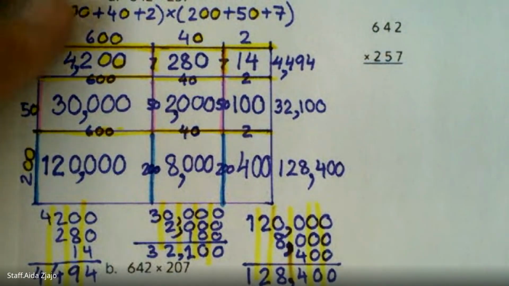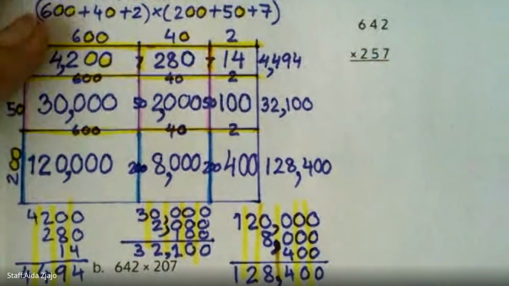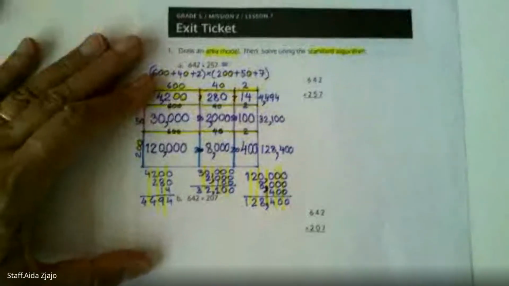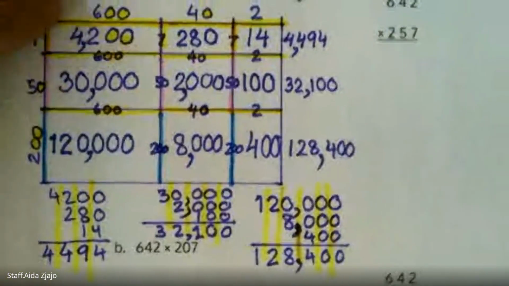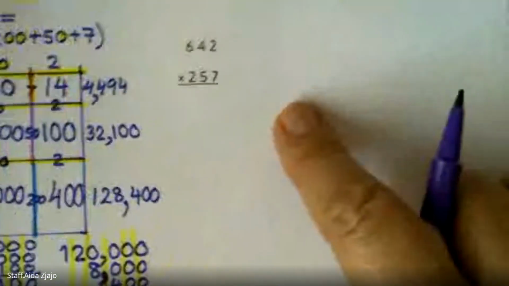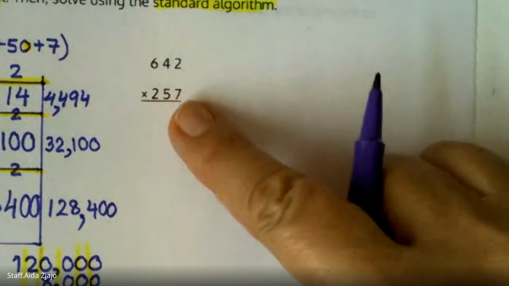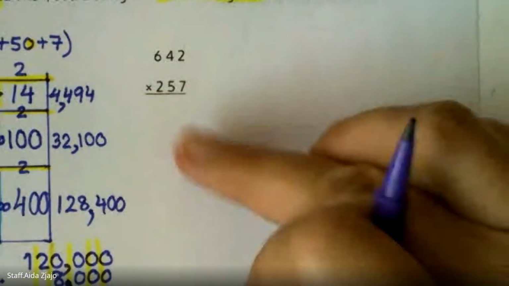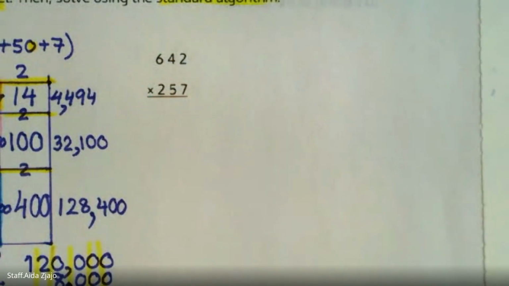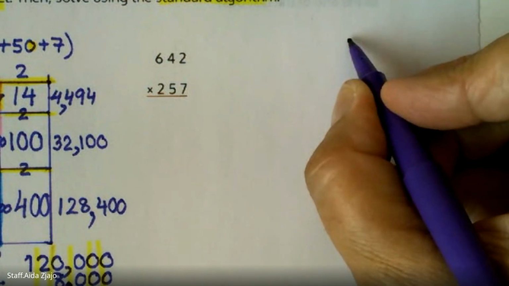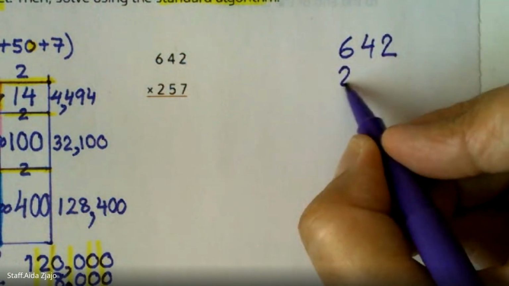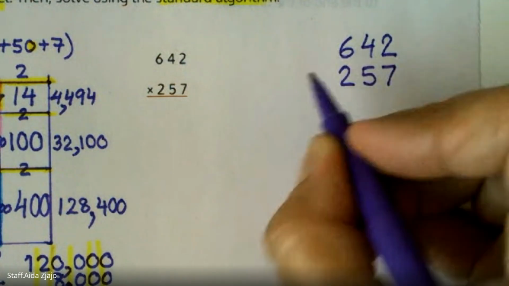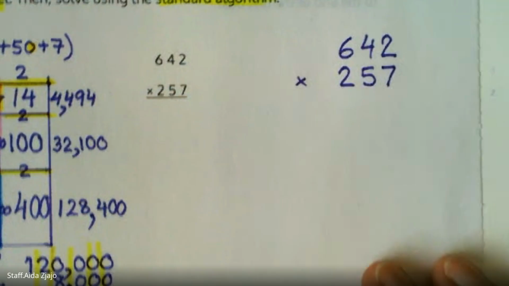All right, I'm going to rewrite all this product over here because I don't have room to work here. So that just needs to be separated on the side. So I'm going to write 642 and 257 times, underline.